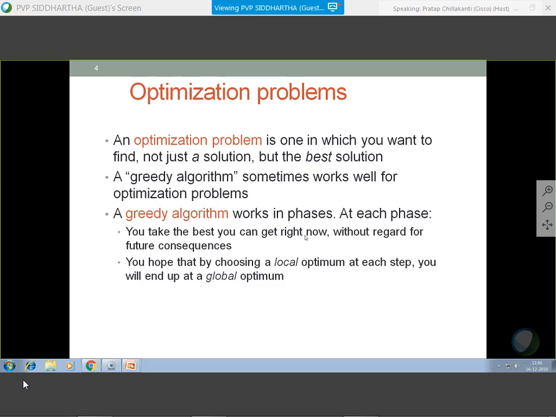In other words, it's called choosing the local optimum, and hoping that if I optimize everything locally, globally also it gets optimized. That is what we are hoping. But hope doesn't work, you know. Hope is hopeless. Okay, go to the next slide.